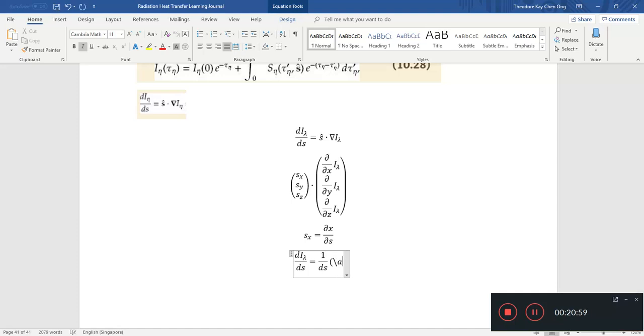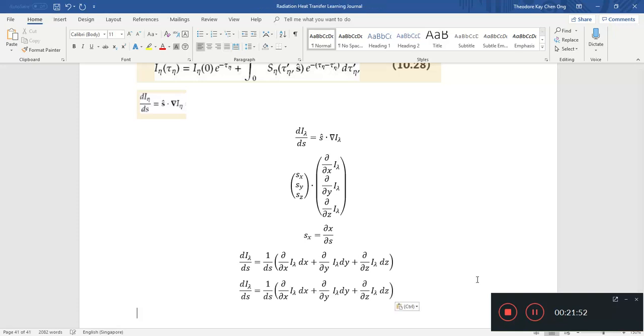Partial by partial x, I lambda, then you times in the dx here, plus partial by partial y, I lambda, and have a dy here, and likewise if we consider the z direction, I lambda, dz. Okay, and of course if we divide throughout by s, we will get this.